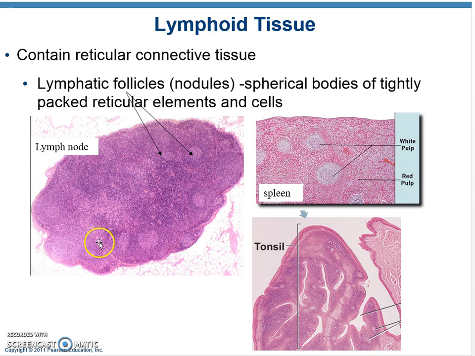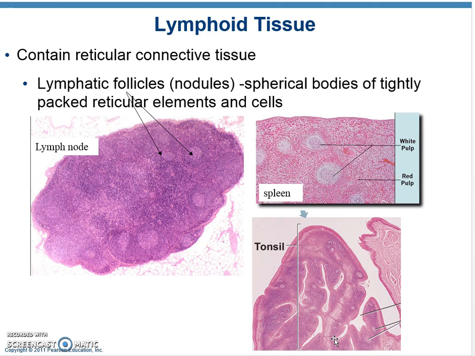So this is a lymph node, and you can see all the nodules. This is your spleen. You can see nodules in the spleen as well. This is a tonsil at lower magnification, so the nodules are still there, all those little circular structures, but they look smaller because it's at a lower magnification.